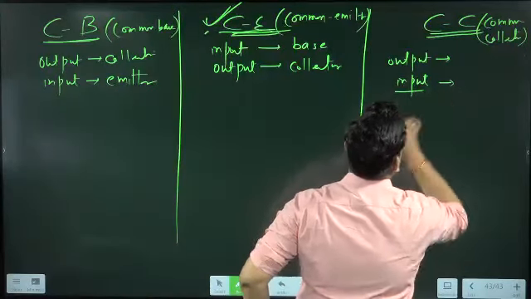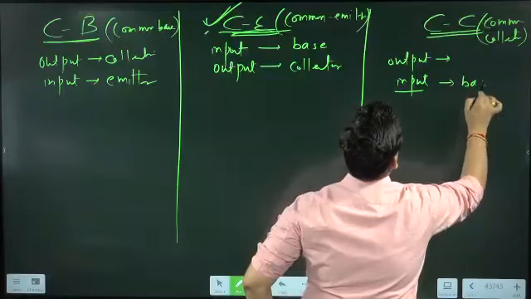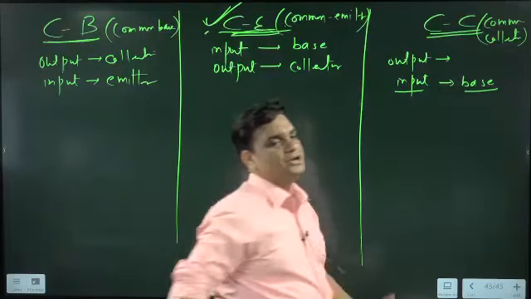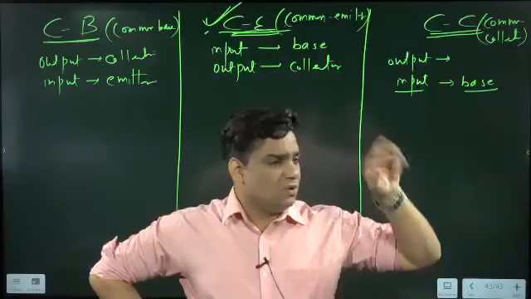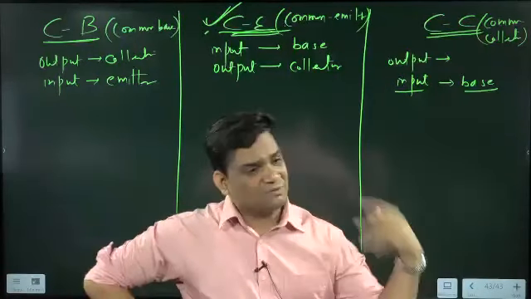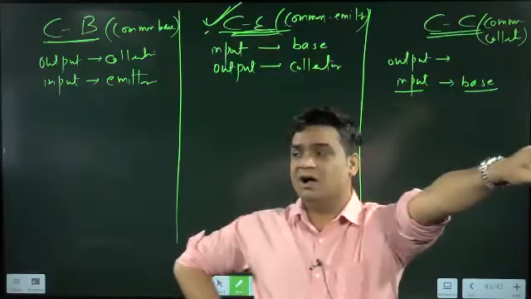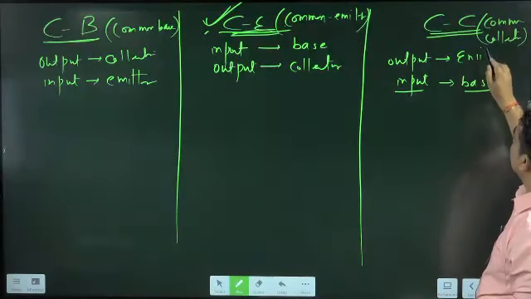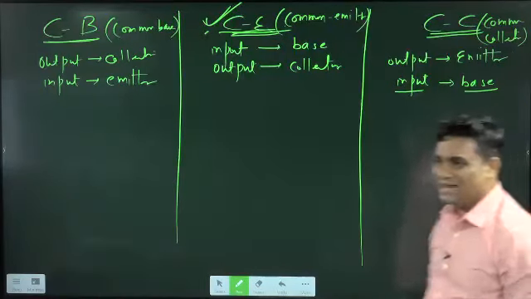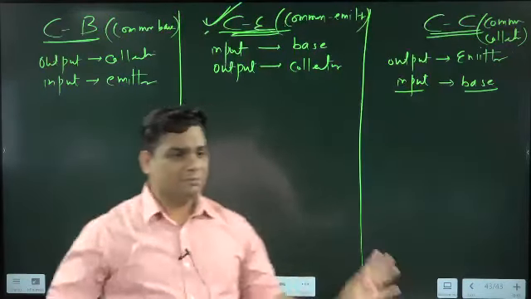Base is available, so I connect the input to the base. Out of 3 pins, 1 is common and 1 is the input. Whatever remains should be the output, and that is the emitter. Like this, we can remember input and output.